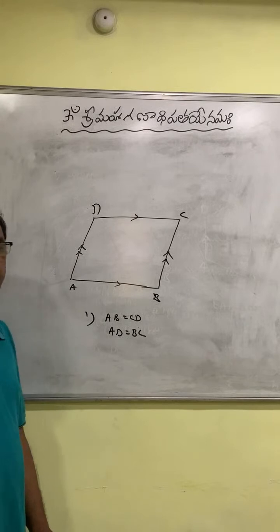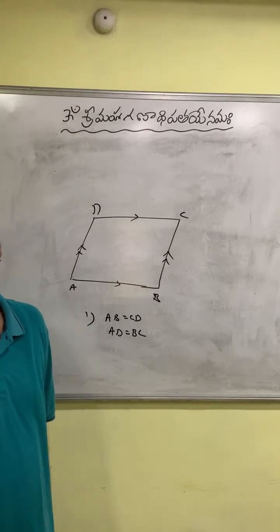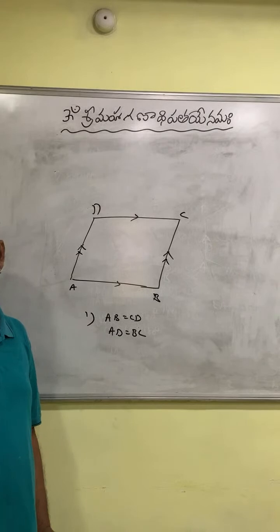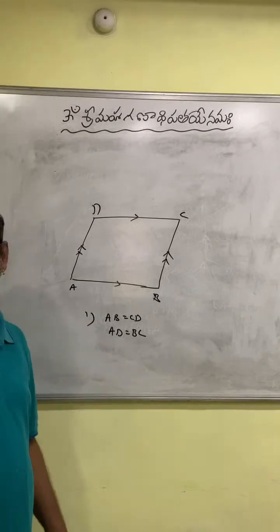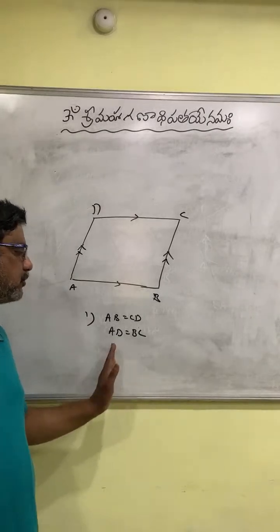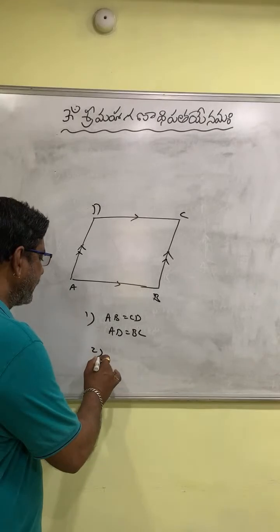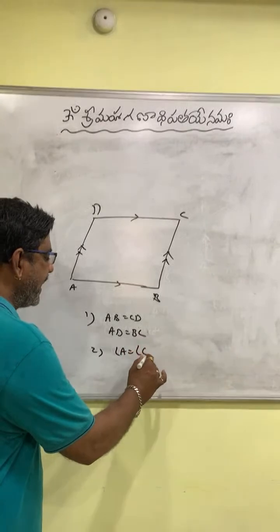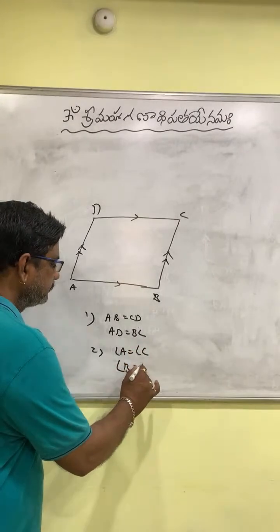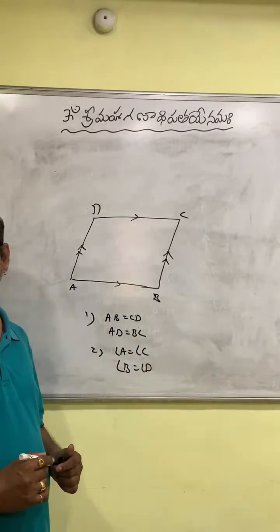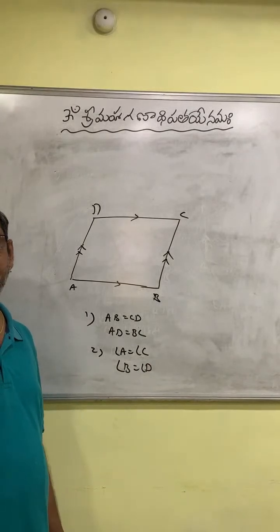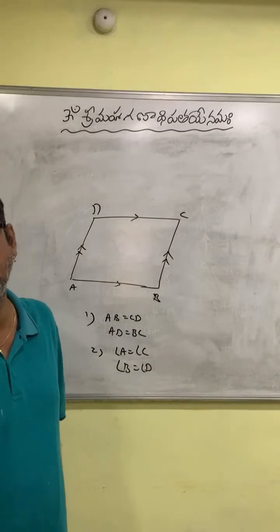A quadrilateral in which both pairs of opposite sides are parallel is called a parallelogram. And first property ఏంటి రాశాను? Opposite sides are equal. Second property, opposite angles are equal.